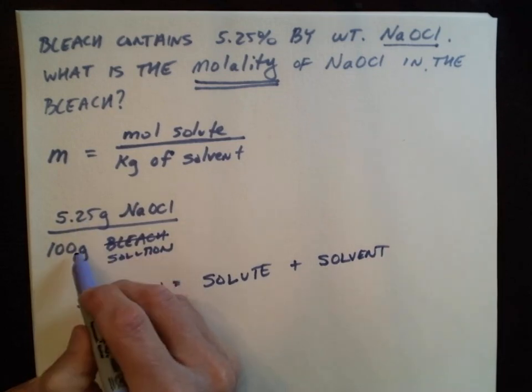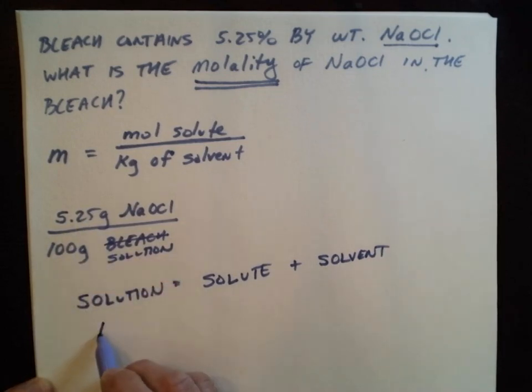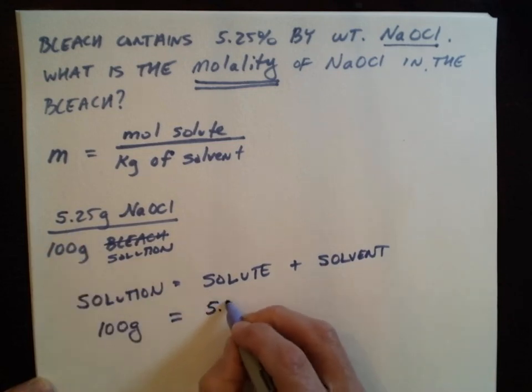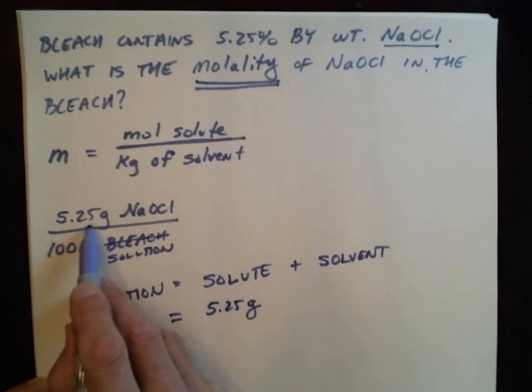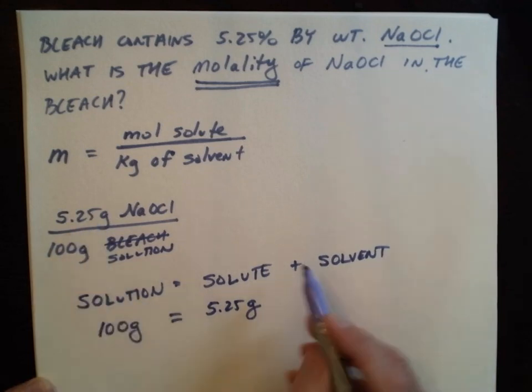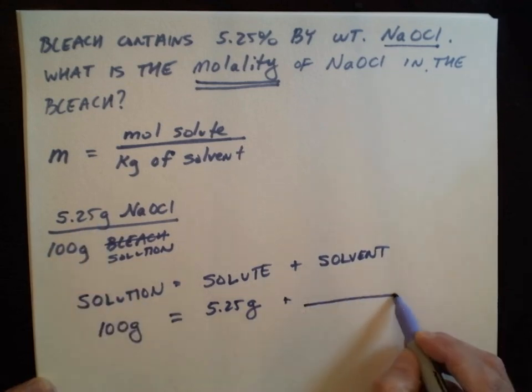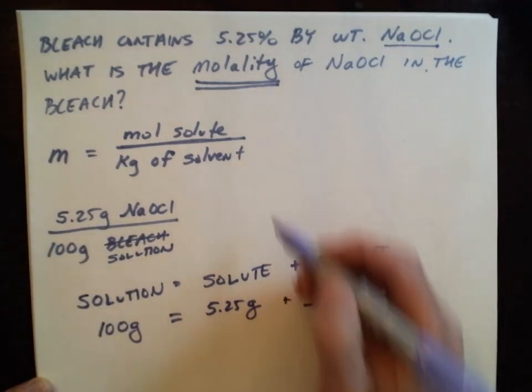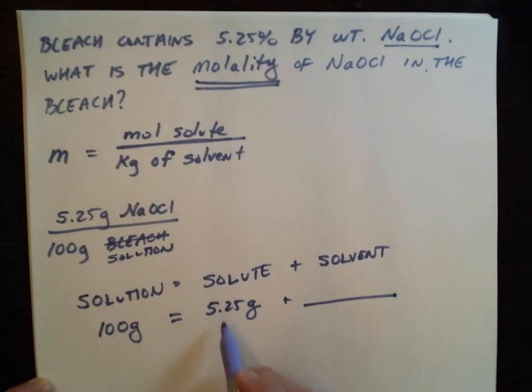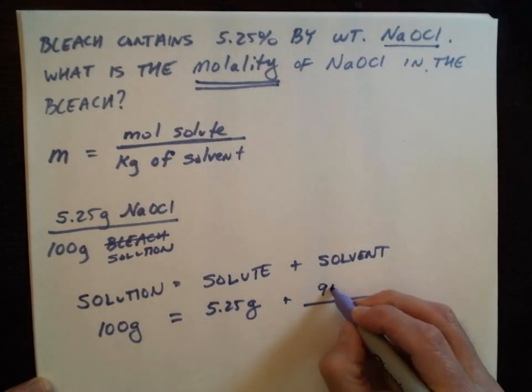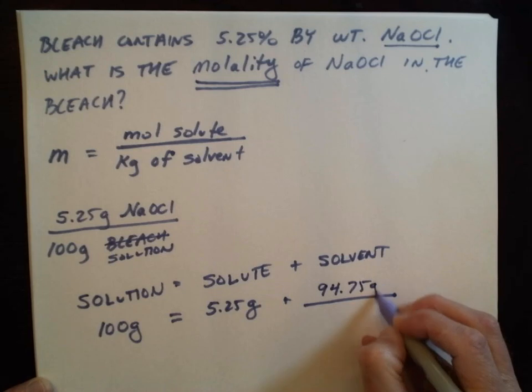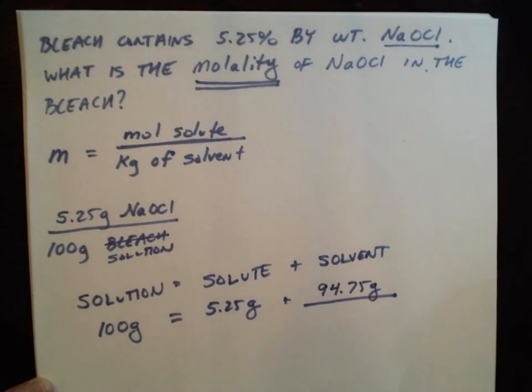This ratio here is going to help us because I know that for every 100 grams of my solution, I have 5.25 grams of the solute. And the remainder is going to be the solvent, which is what we want up here. Well, 100 minus 5 1/4, that's 94.75 grams of our solvent.